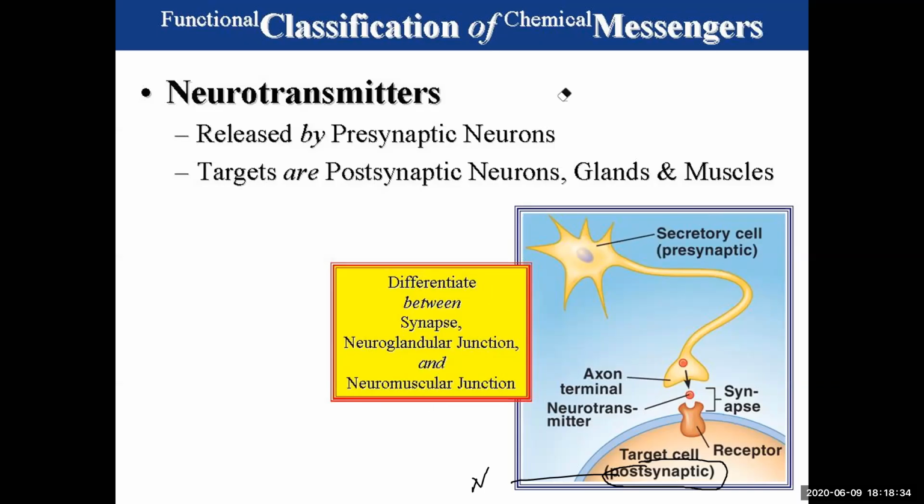In all three cases, the chemical messenger is always a neurotransmitter. Neurotransmitters are released into a synapse, into a neuroglandular junction, and into a neuromuscular junction.